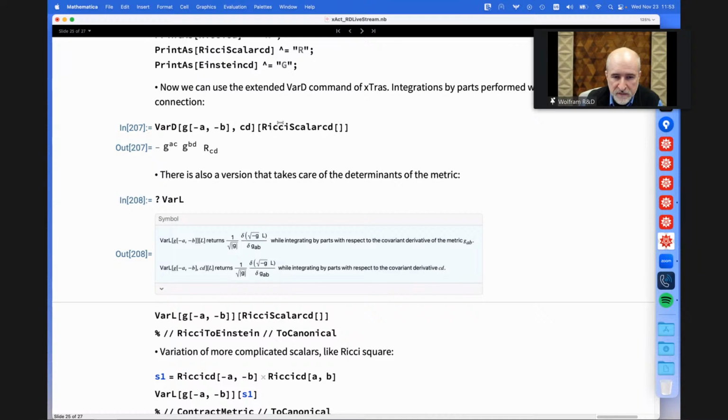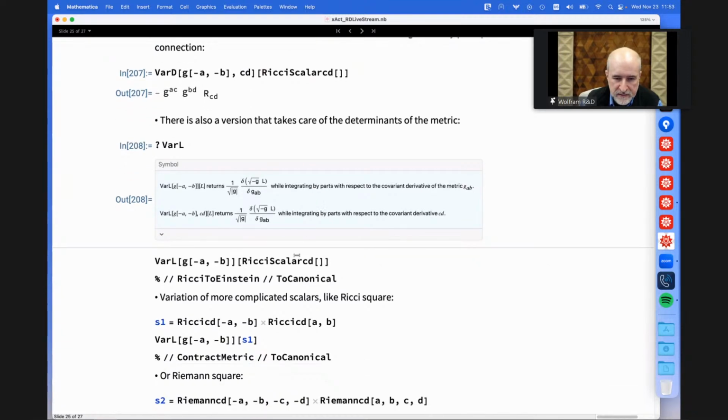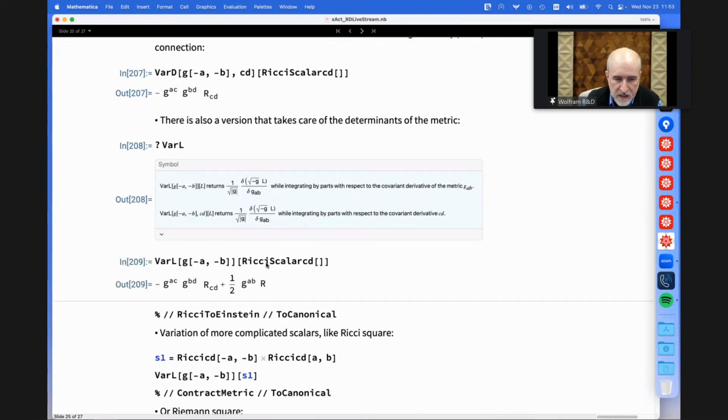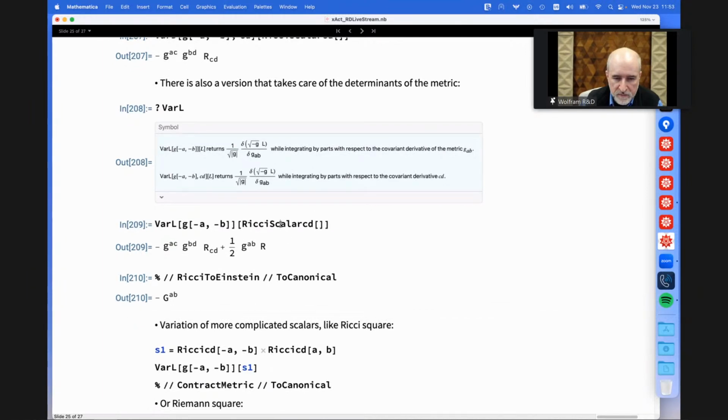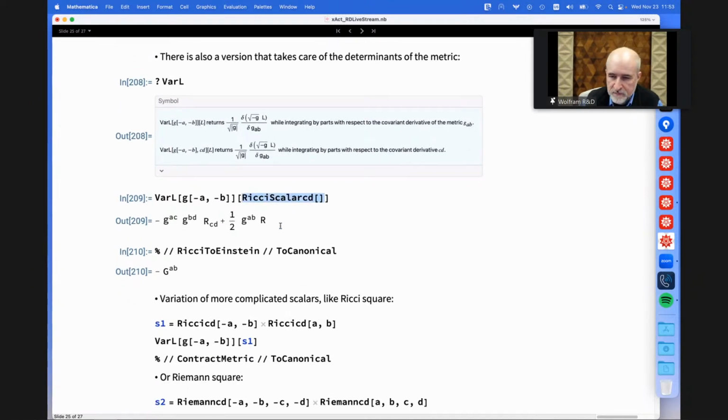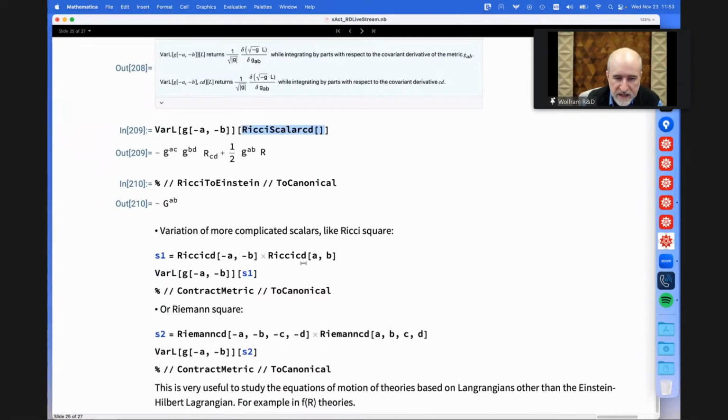So with the determinant of the metric, as usual in the Einstein-Hilbert Lagrangian, this would give the Einstein tensor. Right? And so yeah, that's what we do. Square roots of determinants are being inserted, and so we get the Einstein tensor from this scalar. So that's Einstein-Hilbert. But now we can do more complicated Lagrangians.